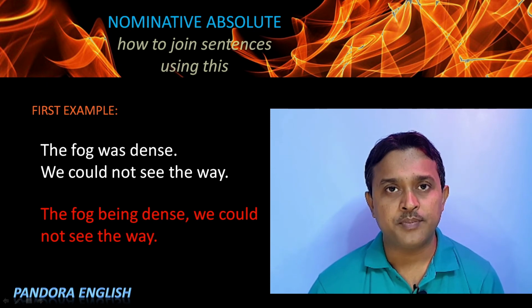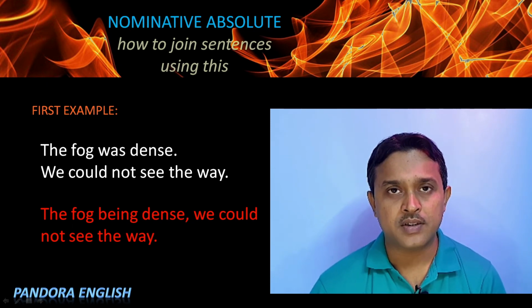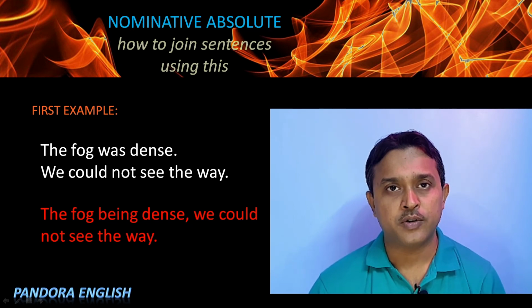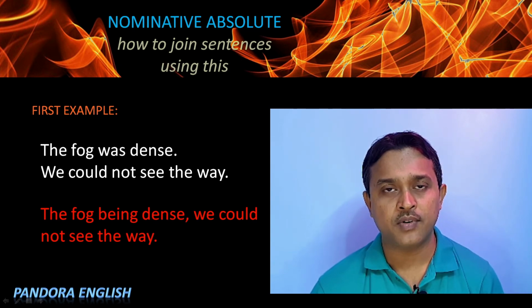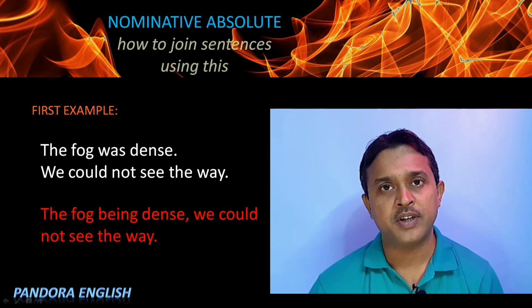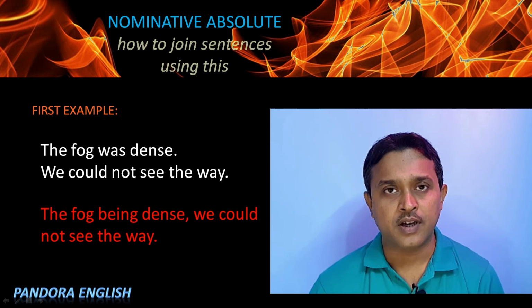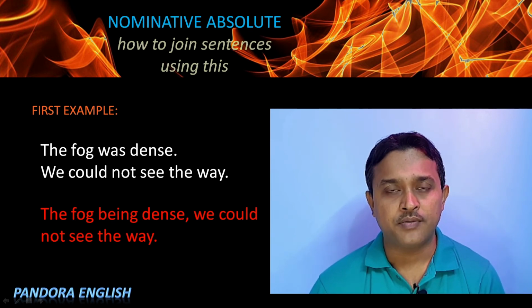And there is a be verb in the first sentence. Therefore, what we have to do is to use the noun plus participle plus adjective formation of the nominative absolute to combine these two sentences into a single one. So the answer will be, the fog being dense, we could not see the way.